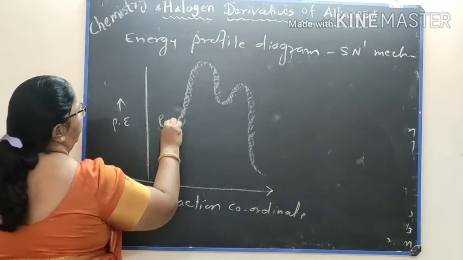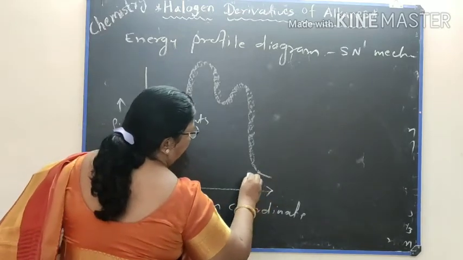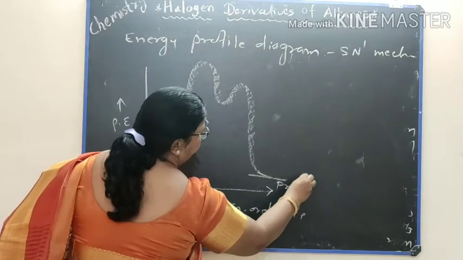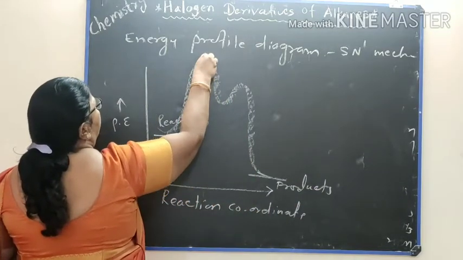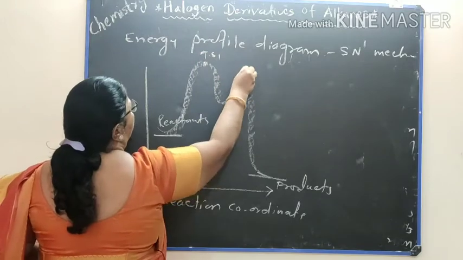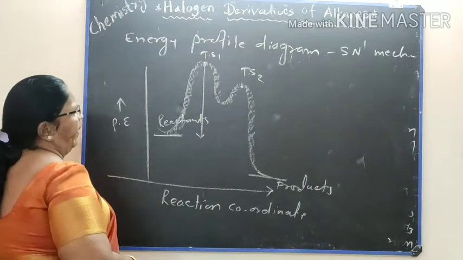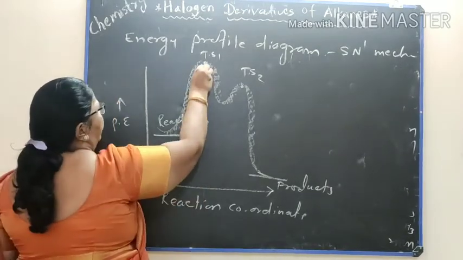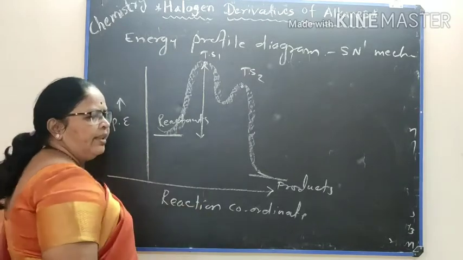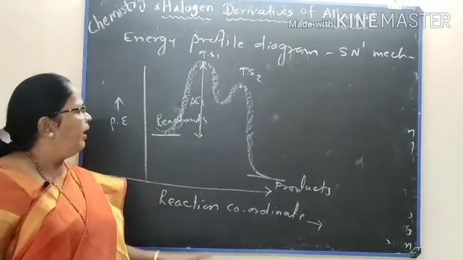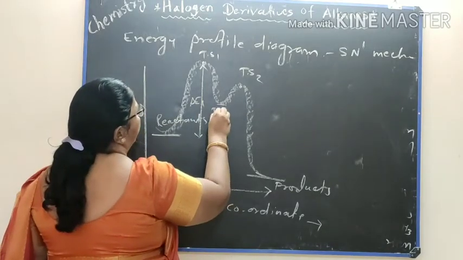Starting is the reactant, and these are the products. This is transition state first, and here transition state second. The energy difference between the transition state and the reactant is called the energy of activation, denoted by delta E. This is an intermediate state.